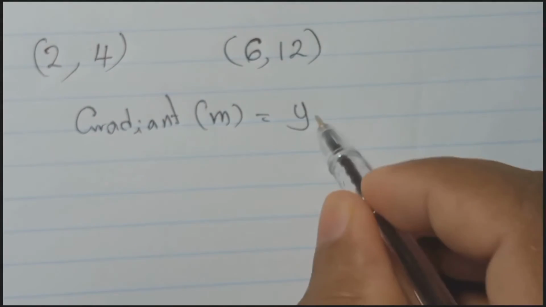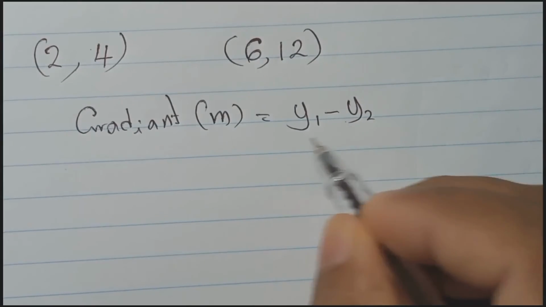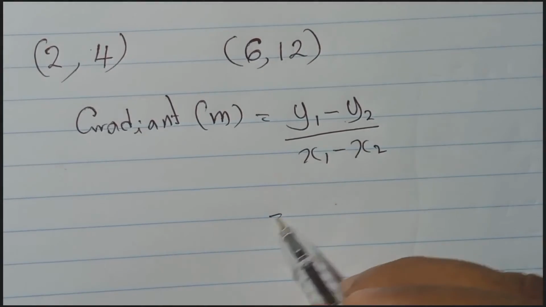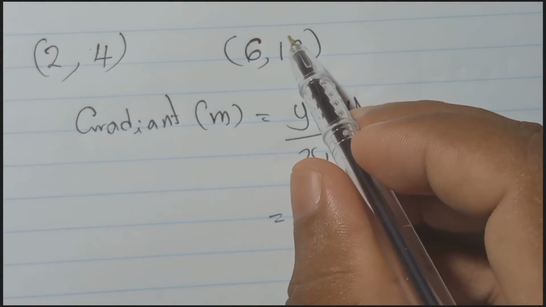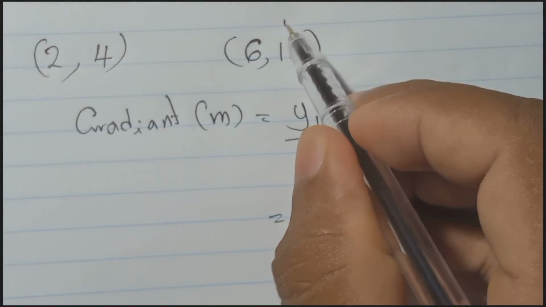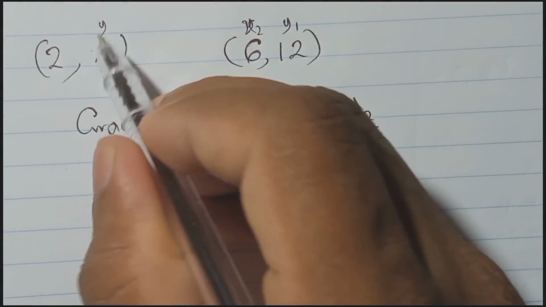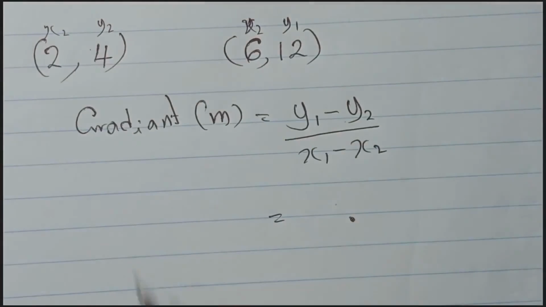I will use the formula y1 minus y2 over x1 minus x2. Here this one has y1, x1, here y2, x2, like that.